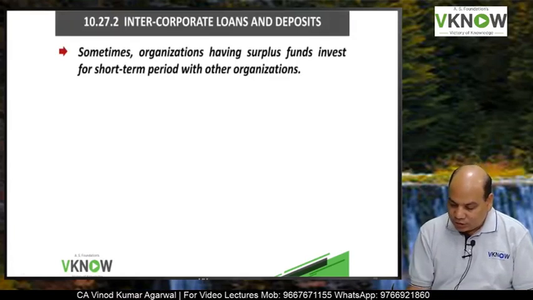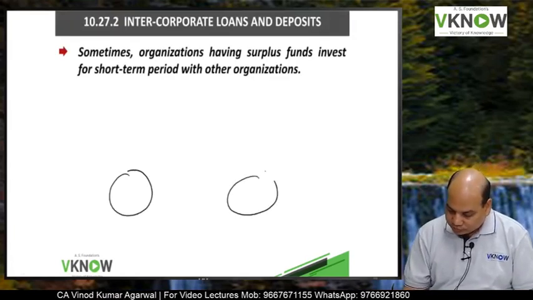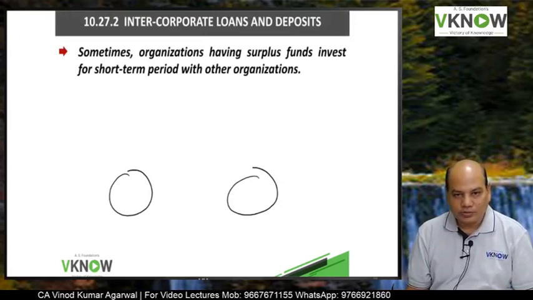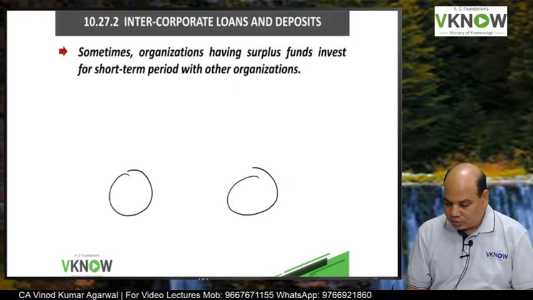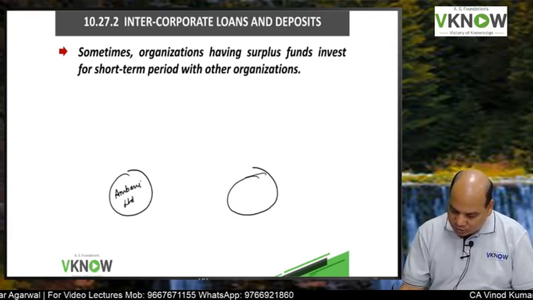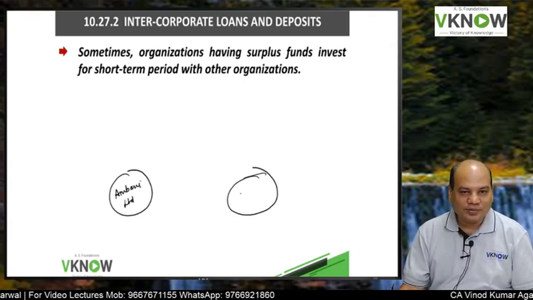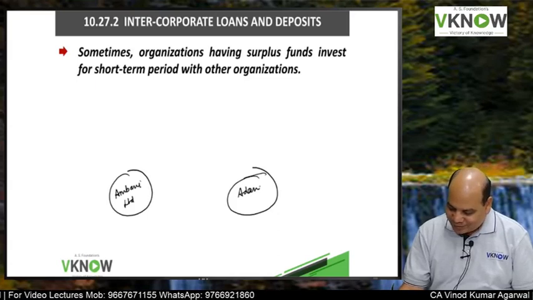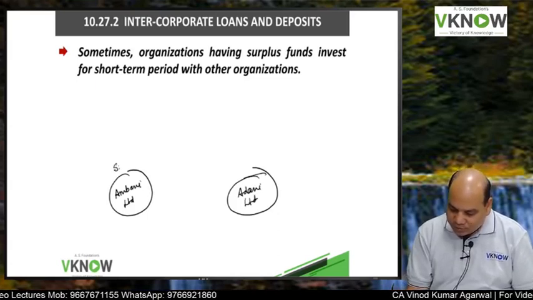Now next is intercorporate loan and deposit. Suppose one company, let us say Ambani Limited, and another company, Adani Limited, okay, as you wish. This one has surplus funds.